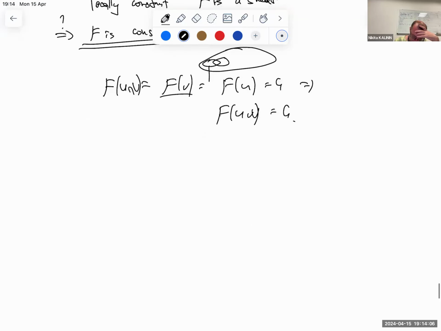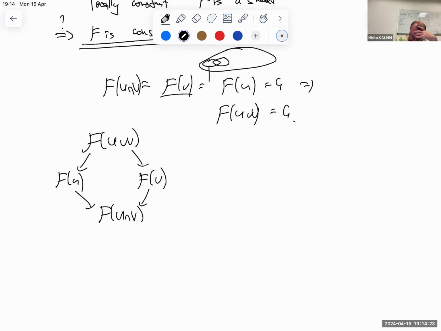There is a group F of U union V, and there are maps to F of U and F of V, and from here there are maps to F of U intersect V. Now we know that all these groups are, let's say, G, and we want to show that this group is also G.